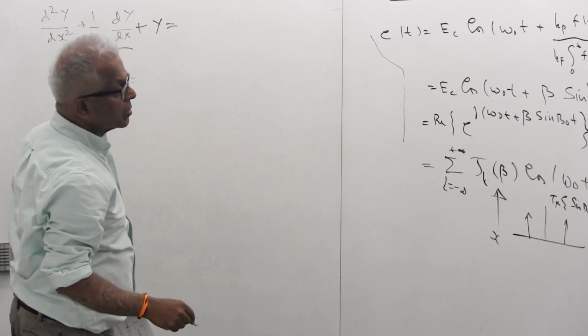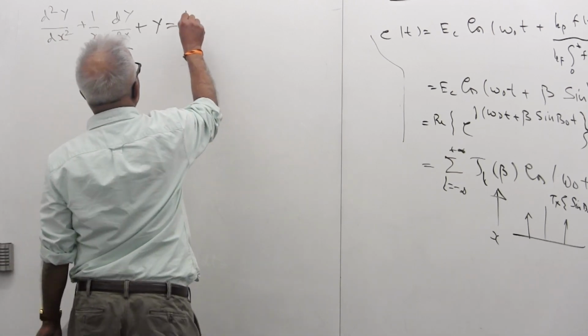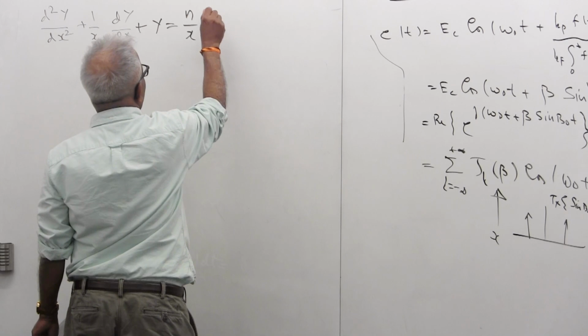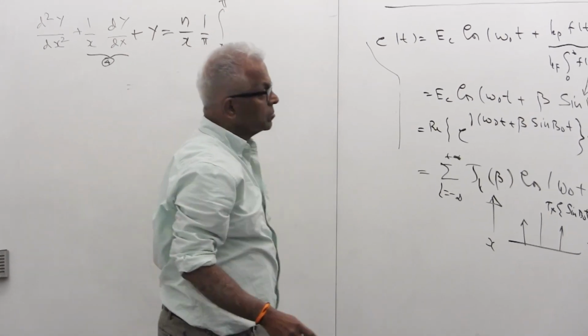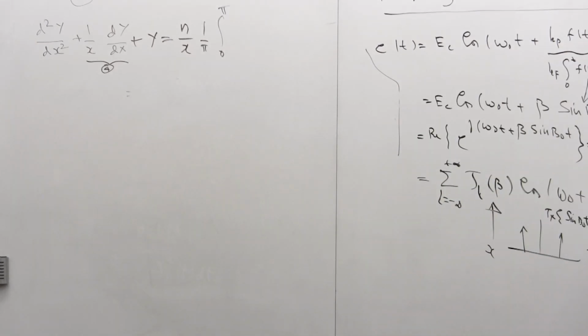So this term plus this term is from 3, this is from 4. It is n over x, 1 over pi integral 0 to pi cos theta.